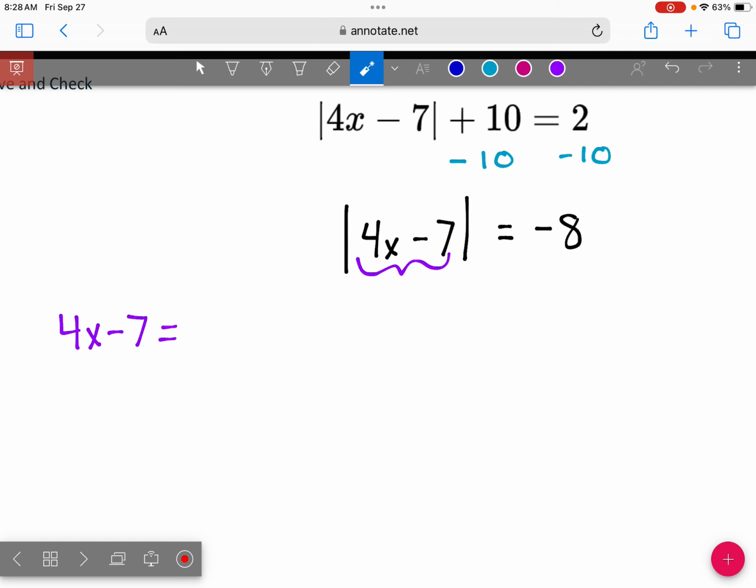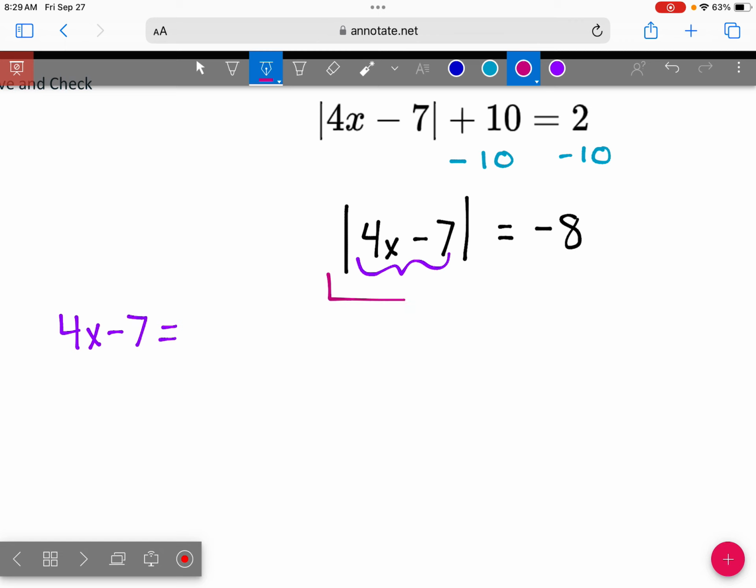No. So if we have an absolute value in isolation, it's already isolated, and my absolute value equals a negative number, no x's, nothing else, can't do it. It's not going to work. If you got all the way to the end, like if you set it up and forgot that and then went back to check, it should still wind up as not working.